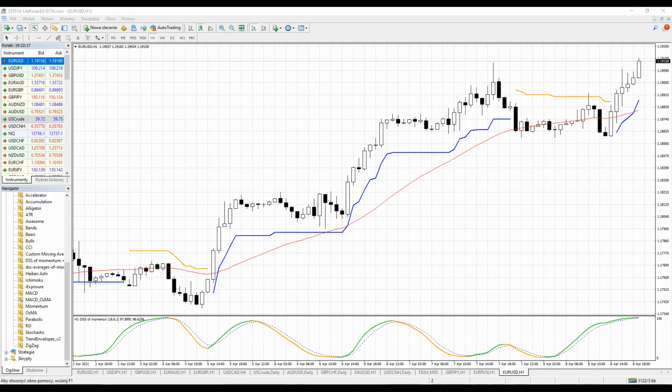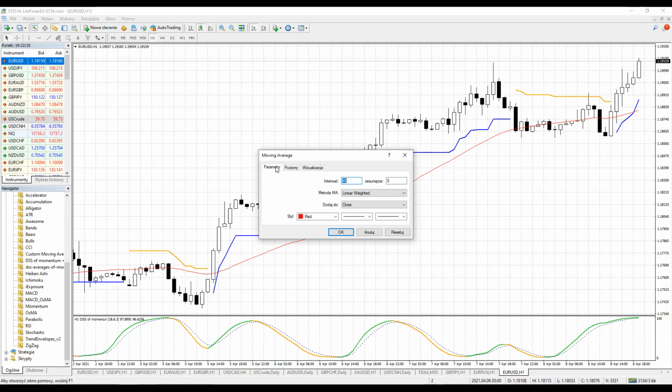So what I'm going to talk about is when to open the long and when to open the short position. First thing first, we have the 48 linear weighted moving average, the red color.